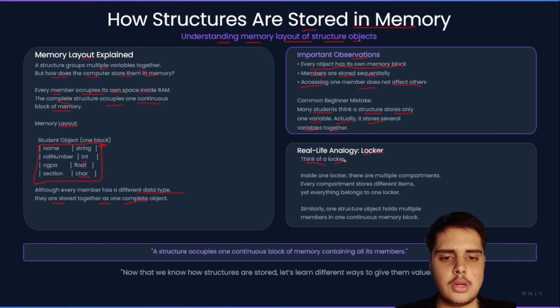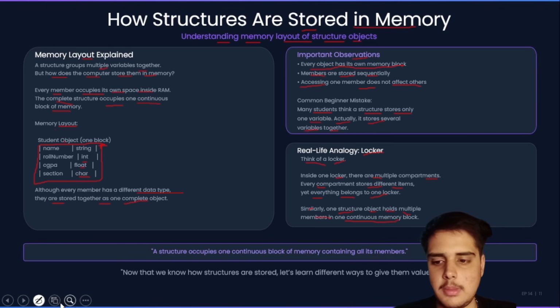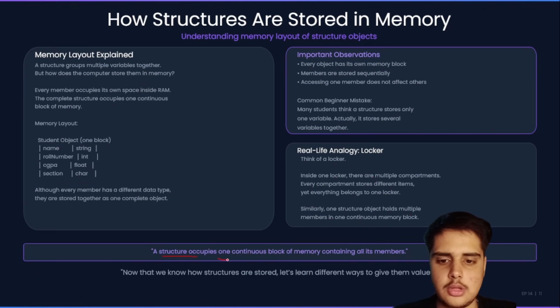Think of a locker: inside one locker there are multiple compartments, and every compartment stores different items, yet everything belongs to one locker. Similarly, one structure object holds multiple members in one continuous memory block. So a structure occupies one continuous block of memory containing all of its members.